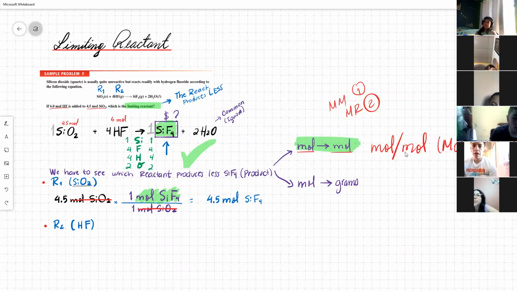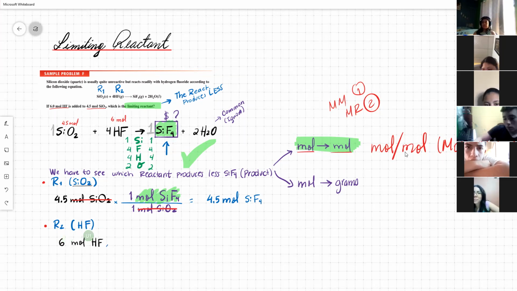So we're going to focus on the second reactant, which is hydrogen fluoride. The problem is giving me 6 moles. So I always begin with the given, 6 moles of hydrogen fluoride.